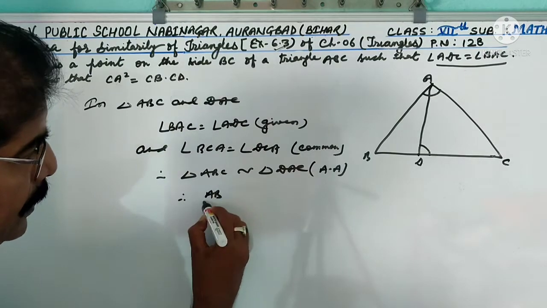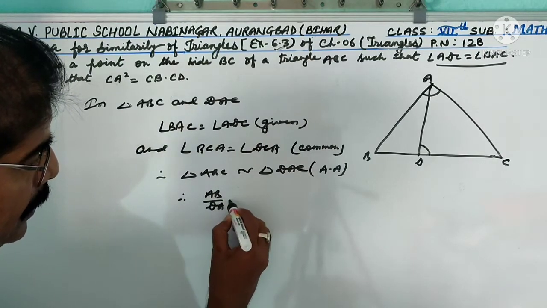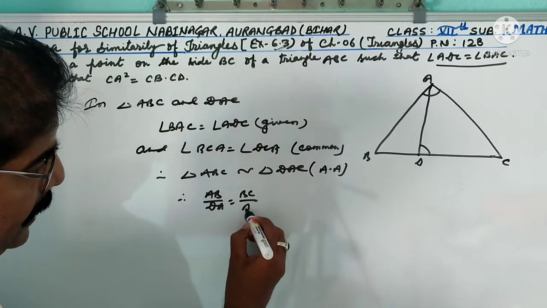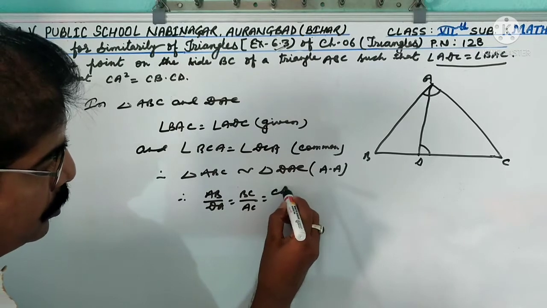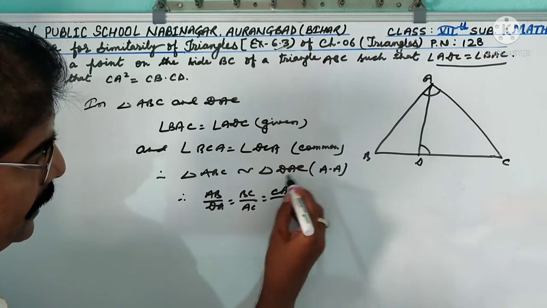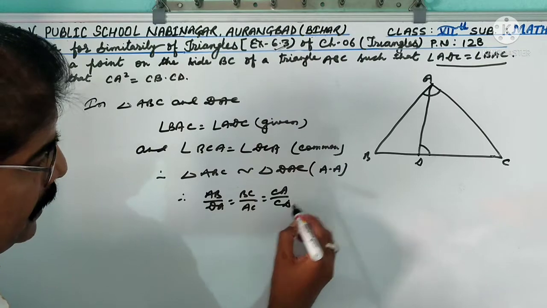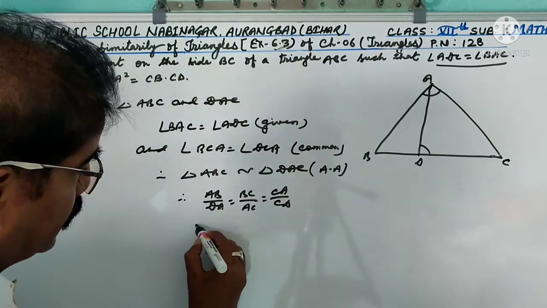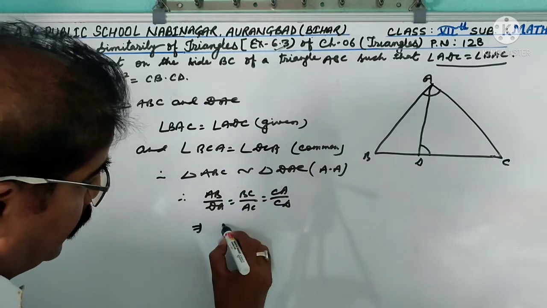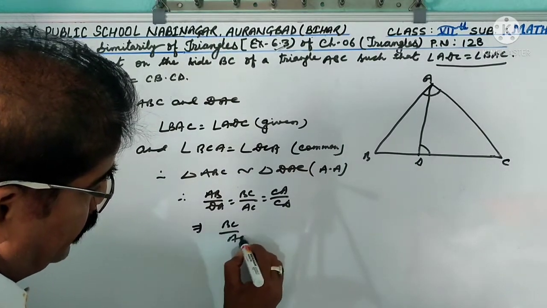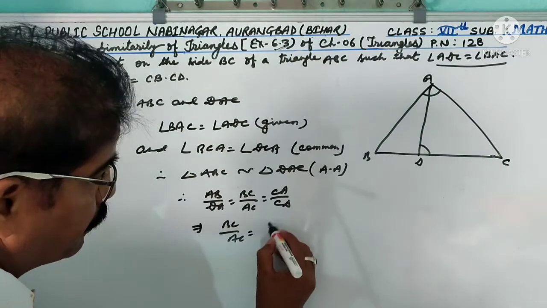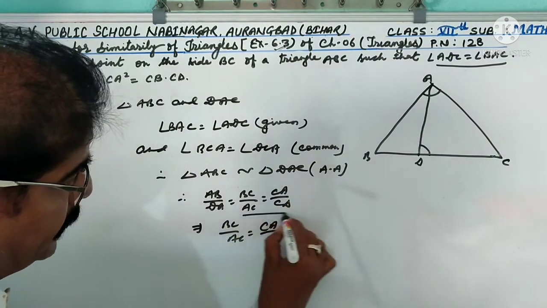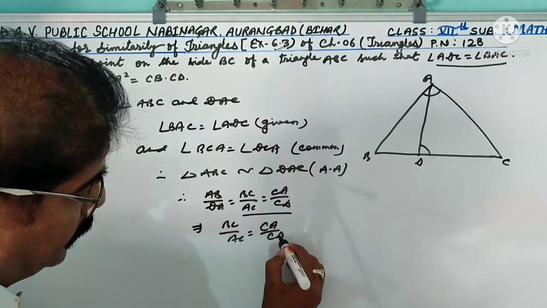Therefore AB by DA equals BC by AC equals CA by CD, by the criteria of similar triangles. So BC by AC equals CA by CD.